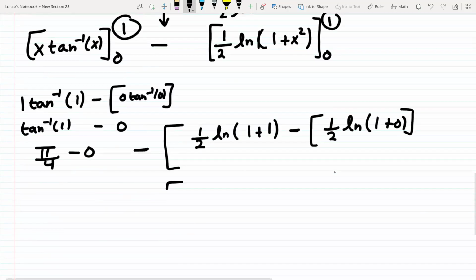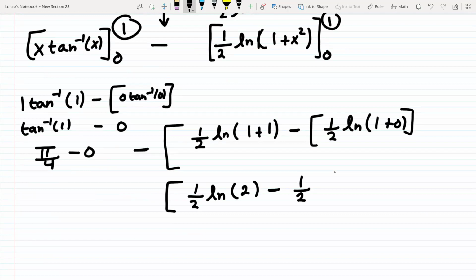So this is going to be 1/2 ln of 2, since 1 plus 1 is 2, minus 1/2 ln of 1 plus 0, which is 1. Ln of 1 is 0, and 0 times 1/2 is 0.